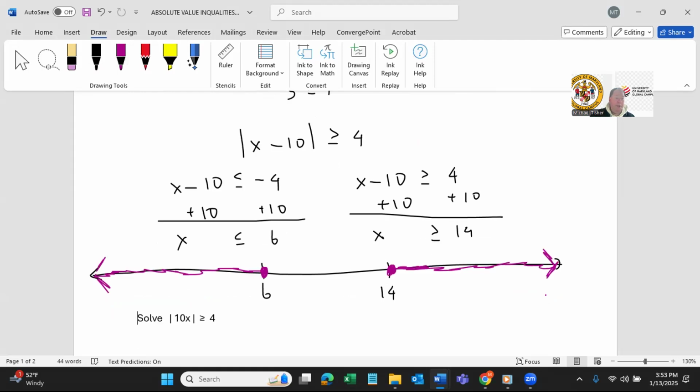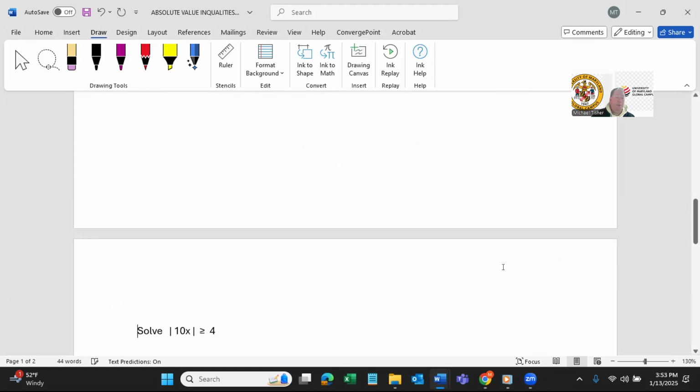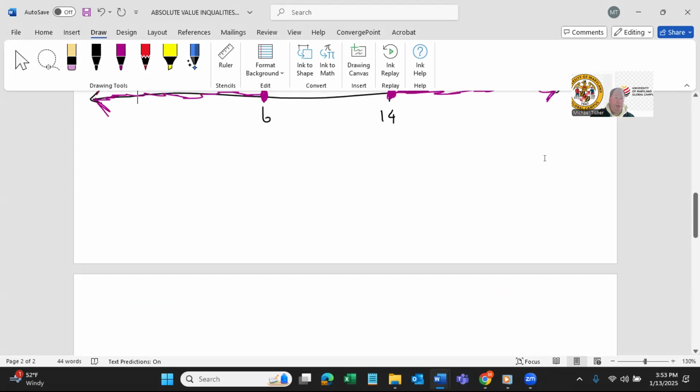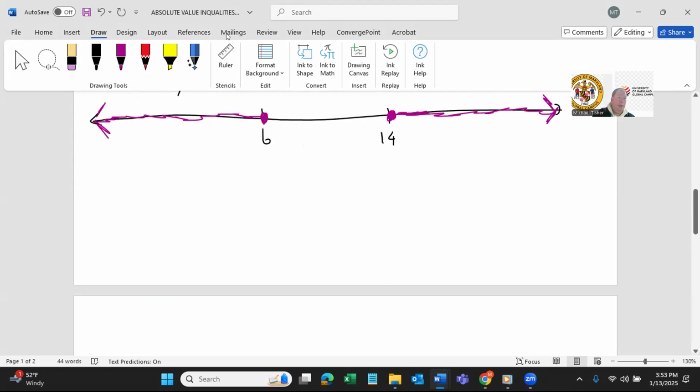All right, and then let's put this in interval notation. Let's use this graph that we just made here to put the answer in interval notation. All right, so we'll start at negative infinity, basically. And negative infinity always gets a parenthesis, and then comma 6. And since we want to include the 6, 6 gets a bracket.